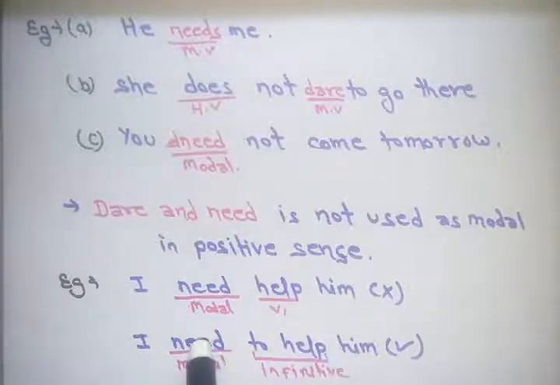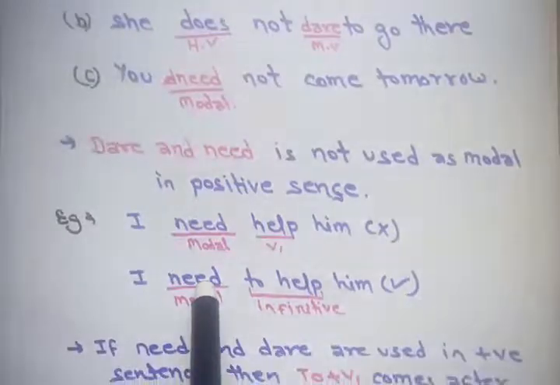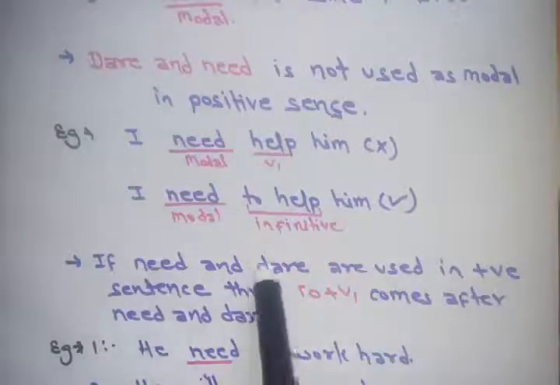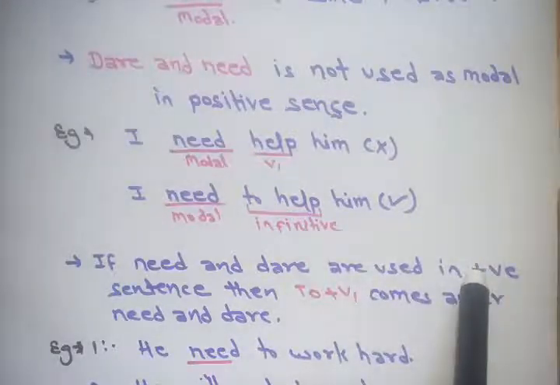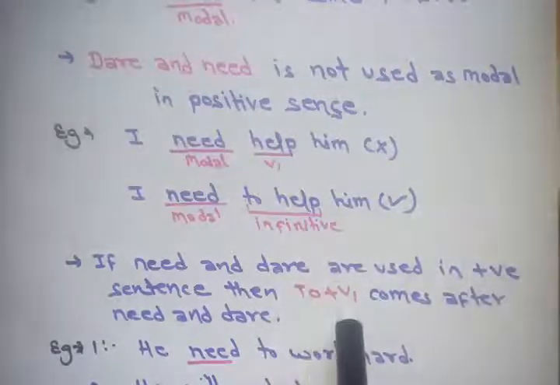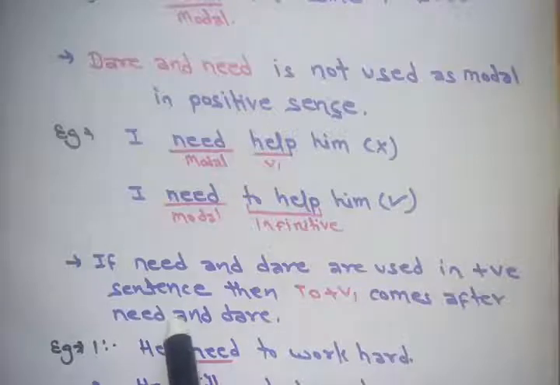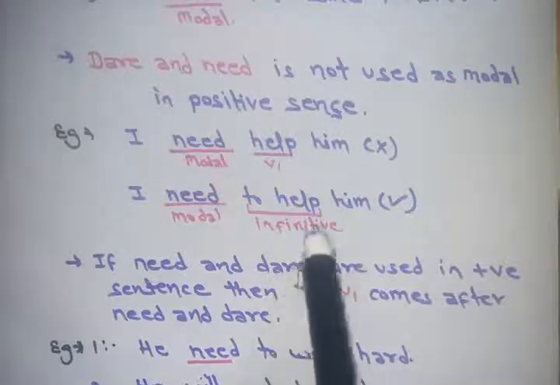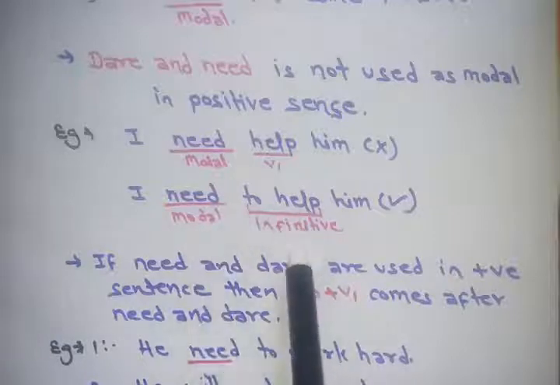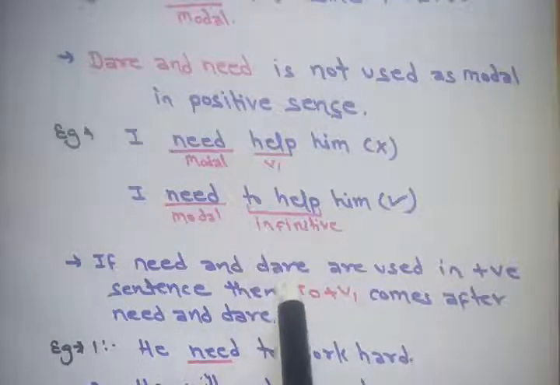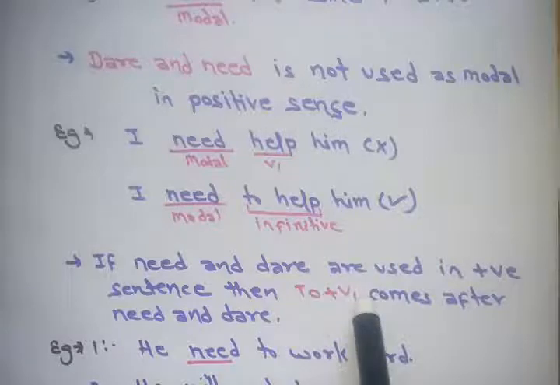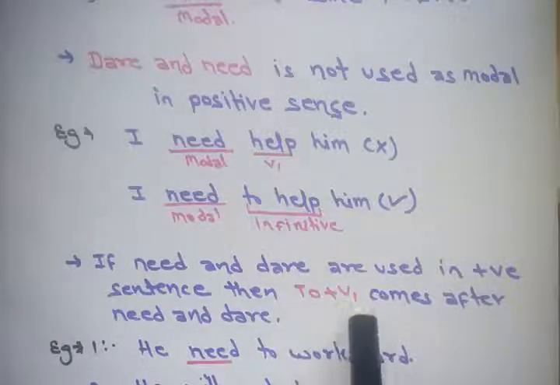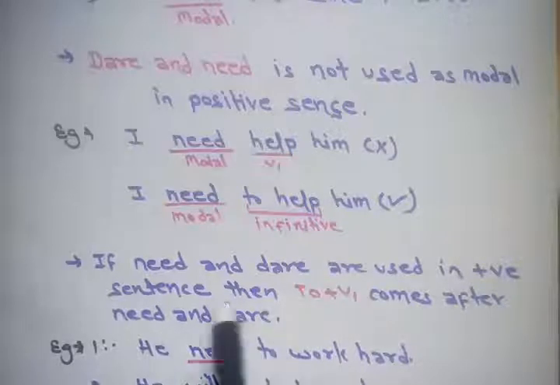And if need and dare are used in a positive sentence, then to plus verb first form comes after need and dare. Always keep in mind, always remember, after need and dare in a positive sentence, to plus verb first form comes.